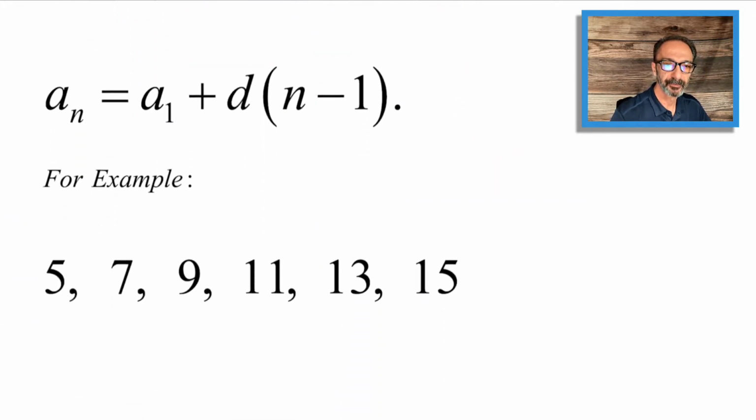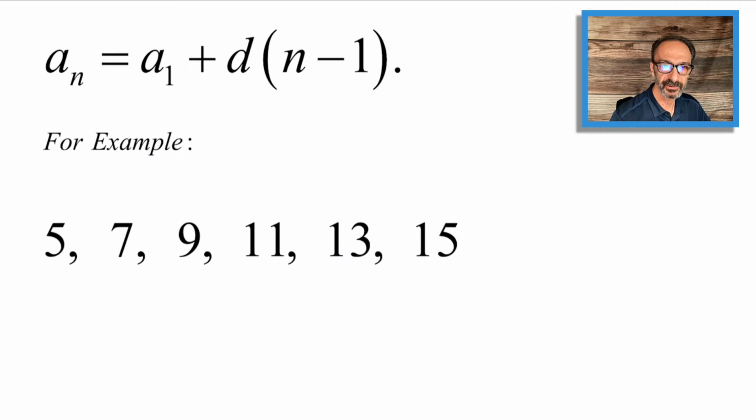Now, just to get you started and understand arithmetic sequence, I just made a quick example. This is the formula. On top, a sub n equals a sub 1 plus d times n minus 1. So it's not just times n, it's times n minus 1. Why is that? Well, here to go from 5 to 7, we are adding 2.